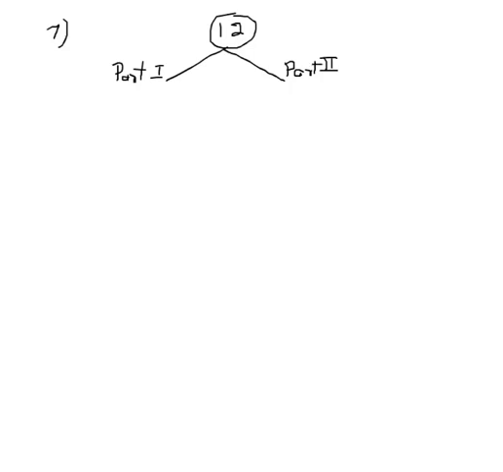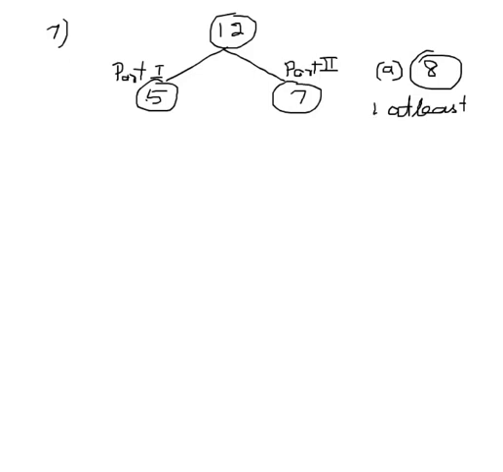Part 1 has 5 questions and part 2 has 7 questions. A student is required to attempt 8 questions in all, selecting at least 3 from each part. So the first condition is totally 8 questions should be selected. The second condition is at least 3 should be selected from each part. In how many ways can a student select the questions?